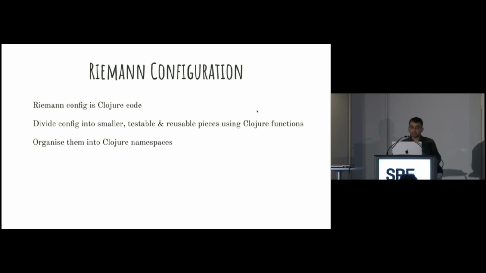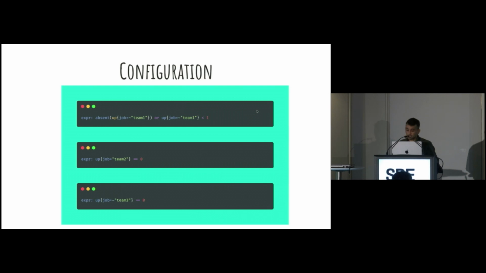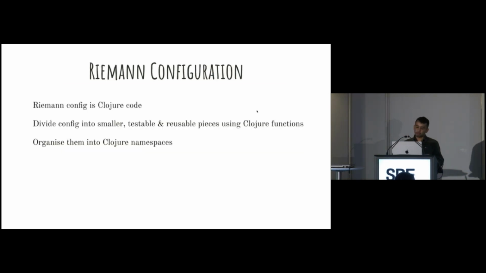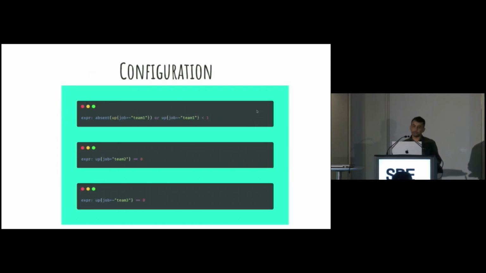You can build libraries, you can divide the Clojure code into small reusable modules, you can do testing on top of code. All those things which Clojure supports, you can now apply on the config file. And this is very unique. Before that, I would like to show you an example.